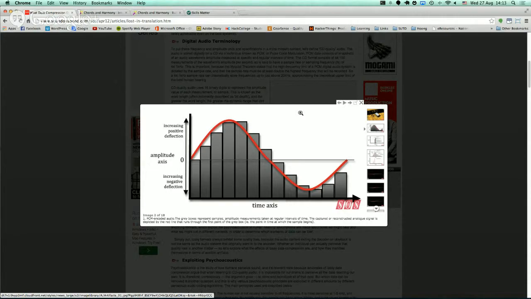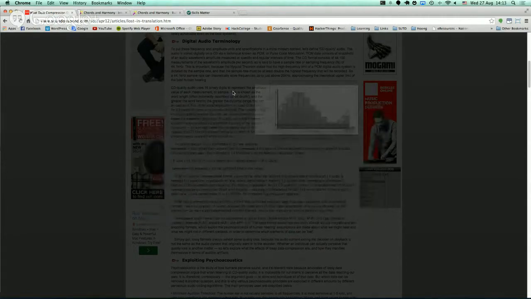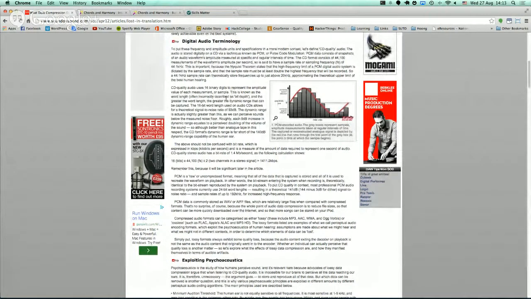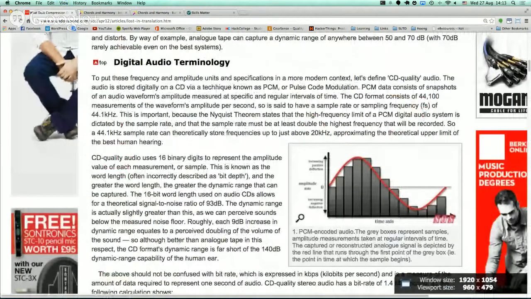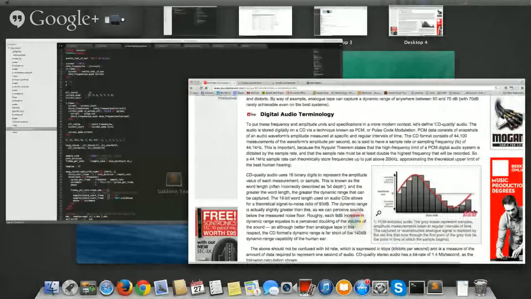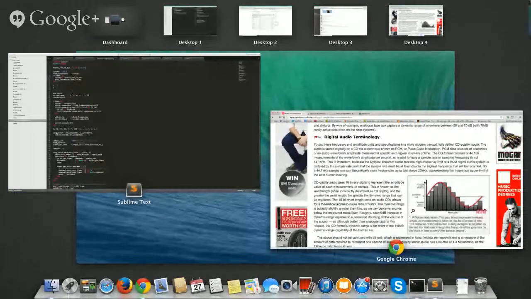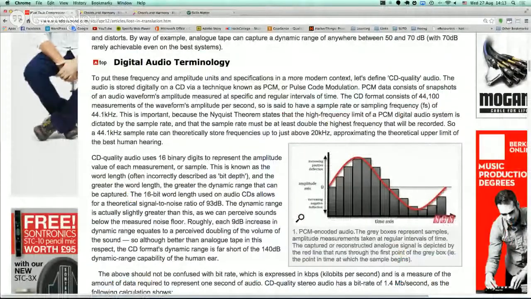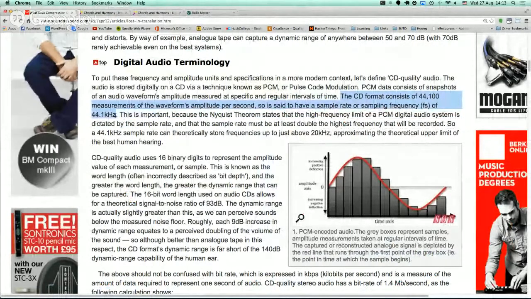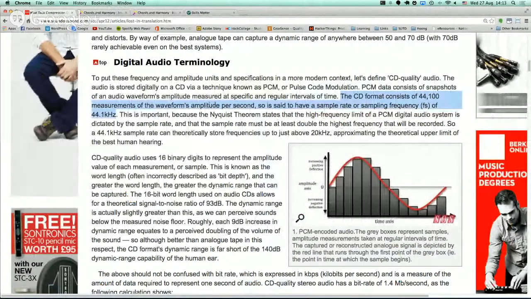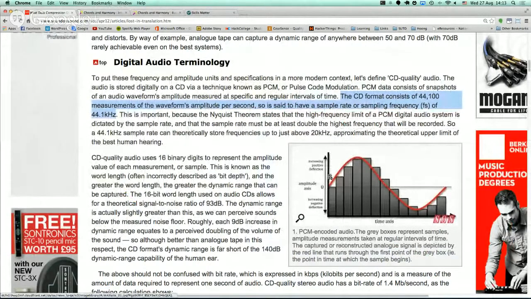CD quality music, I don't know if you can see here, consists of 44,100 measurements per second. So that's what you get here.